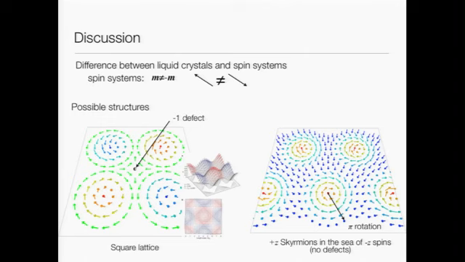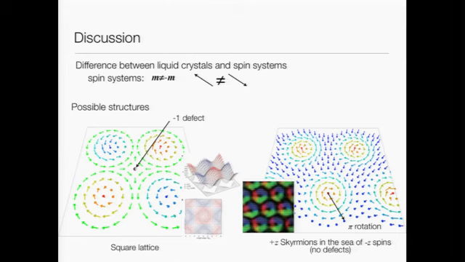The other possibility is plus-z skyrmions in a sea of -z spins, and in this case we have no singularities in this configuration. This skyrmion is characterized by a pi rotation of the order parameter from the center to the edge, and this is again what was observed in actual systems of chiral ferromagnets.